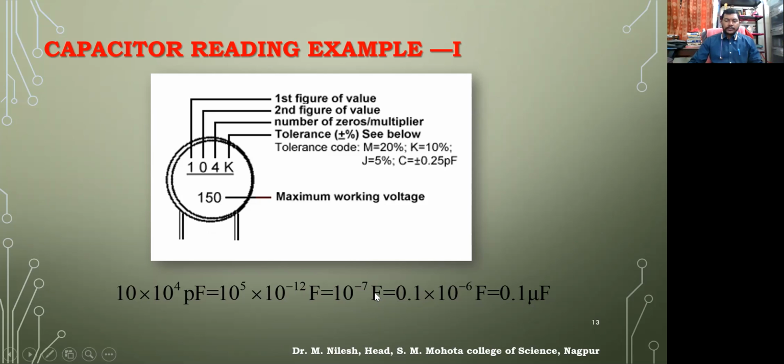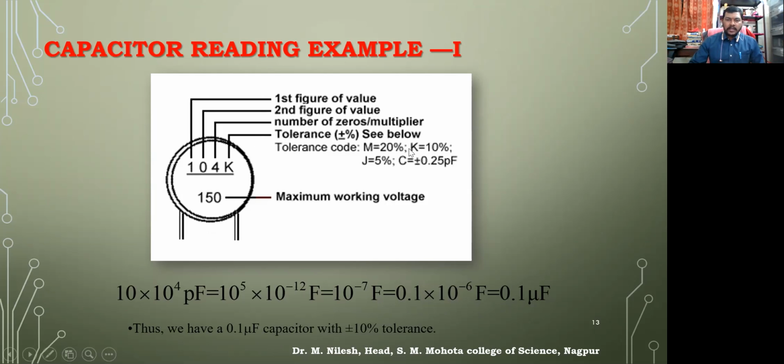If I just shift one decimal point, I will have 0.1 into 10 raised to power minus 6 farad. And 10 raised to power minus 6, if you remember, is nothing but micro. So I can write the total value as a 0.1 microfarad capacitor, right? And the tolerance is plus minus 10%.